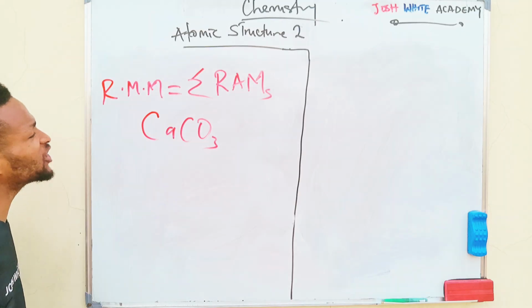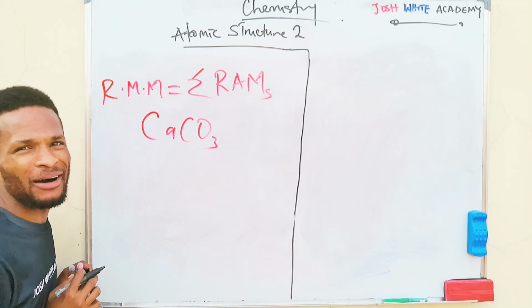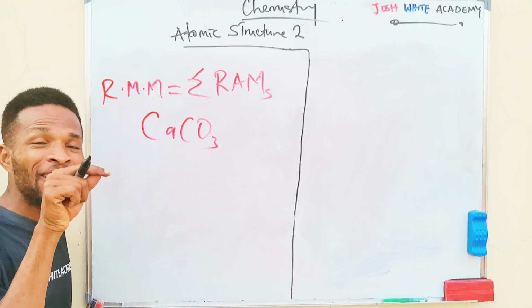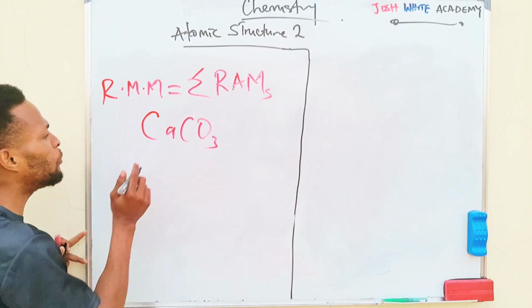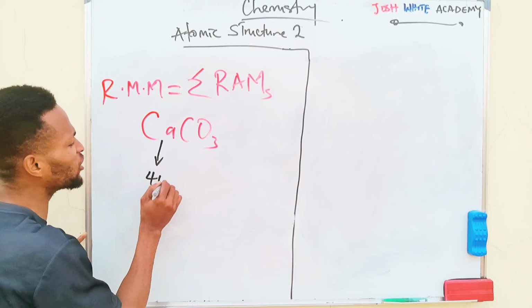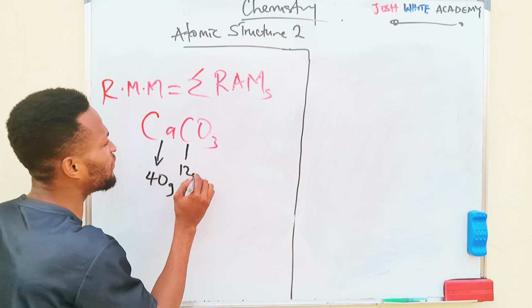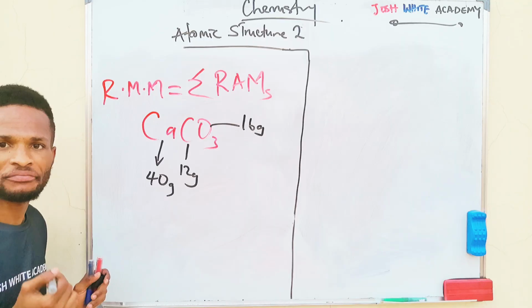For calcium carbonate, most times they give you the mass number, but sometimes they may give you the relative atomic mass. So always follow what you have been given. For example, calcium is 40 grams, carbon is 12 grams, oxygen is 16 grams.